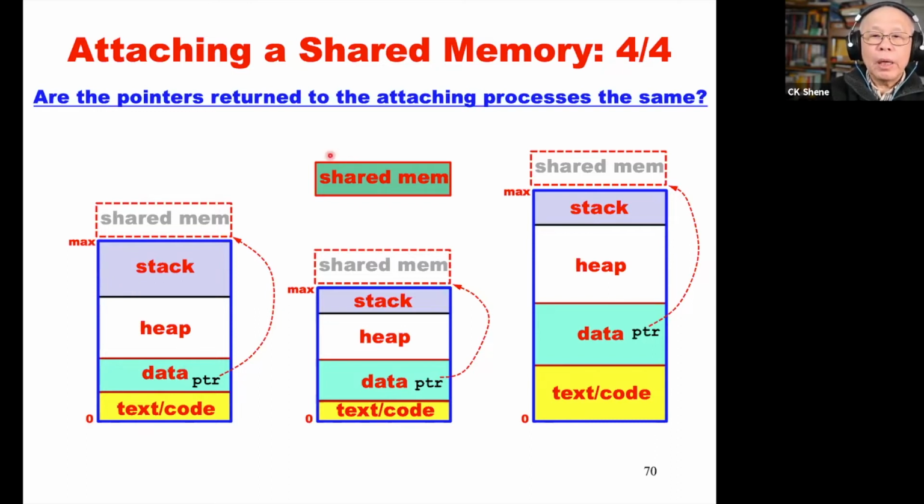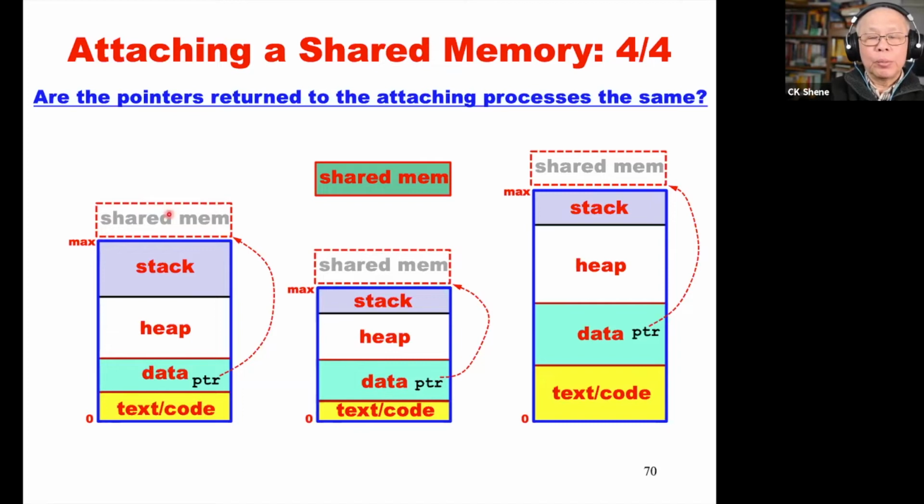So we allocate a shared memory here. Remember, shared memory is allocated just outside of your address space. So when this process pulls this shared memory segment into its address space, it will be here.